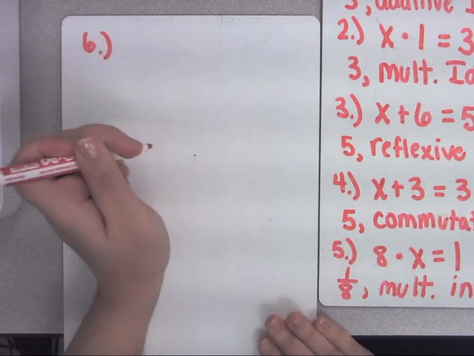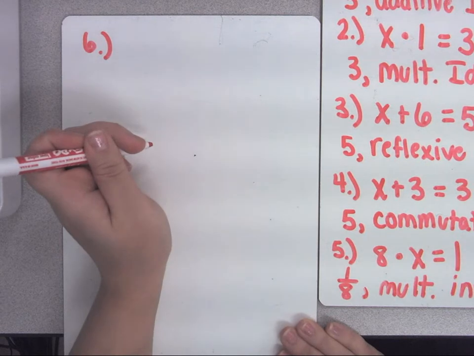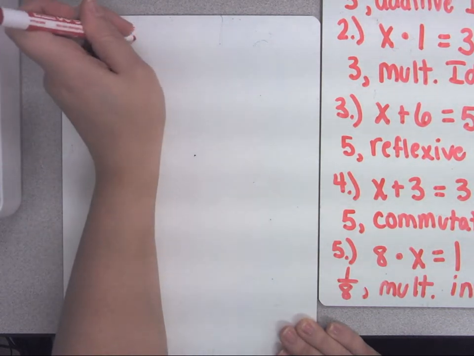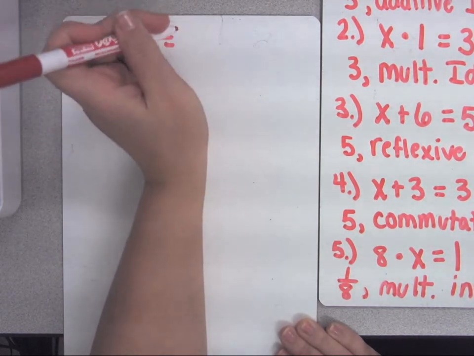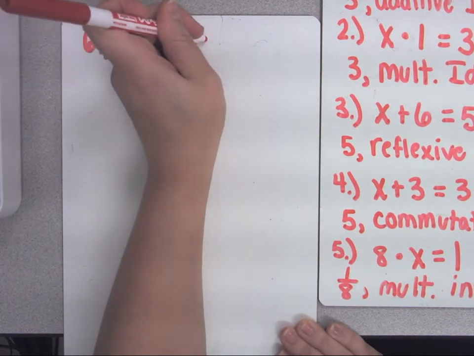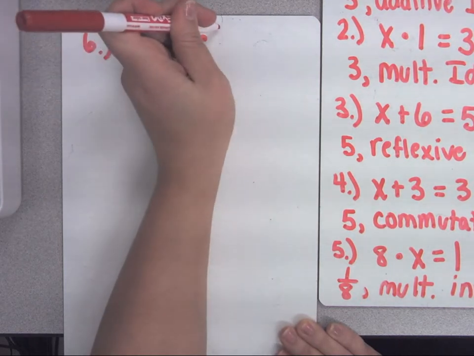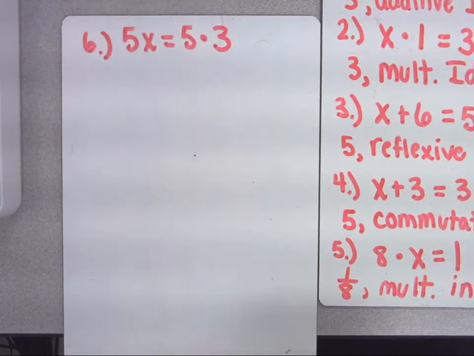Number 6, how about this guy? 5x equals 5 times 3. How about that? That's a property.